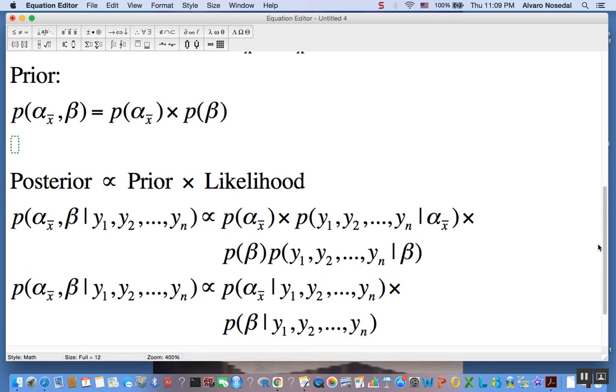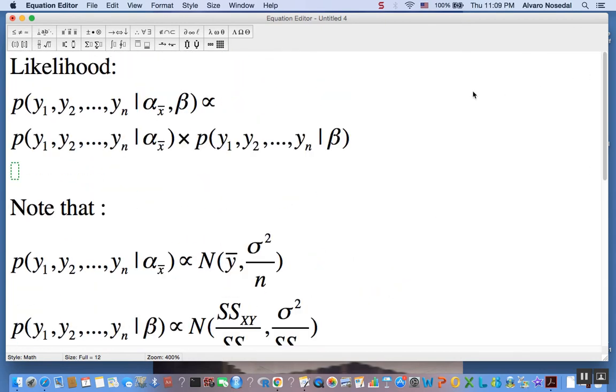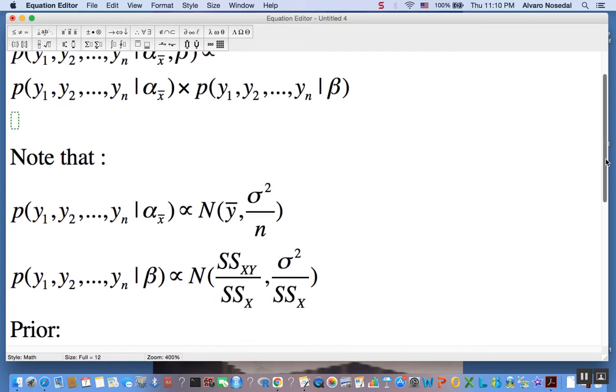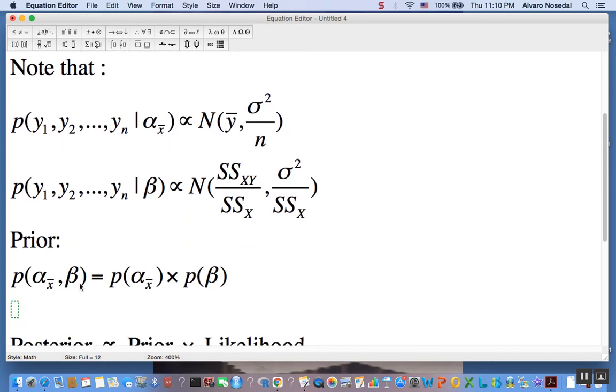So that's why it was so important first to introduce the alternative form of the least squares regression line, and then to do all the math with it for that likelihood, because then we were able to re-express the likelihood as the product of two independent likelihoods, and that allows us to have this kind of prior.